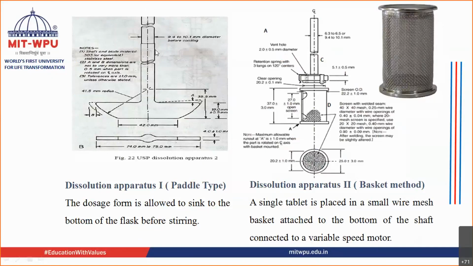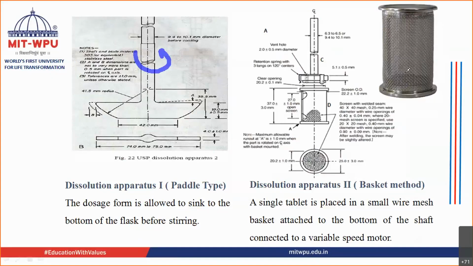The speed with which this paddle or this basket is going to rotate can be adjusted. As the drive shaft starts rotating, the paddle is also going to rotate, and if the paddle rotates, the medium inside the vessel also gets stirred. So stirring is carried out with the help of this paddle.